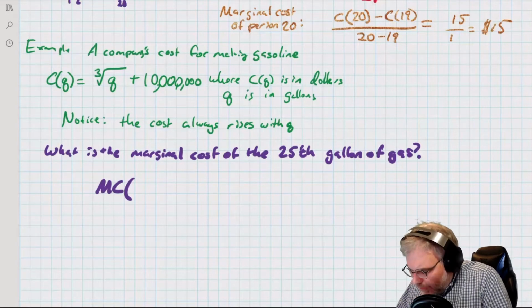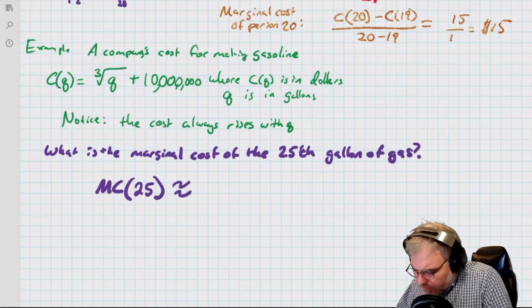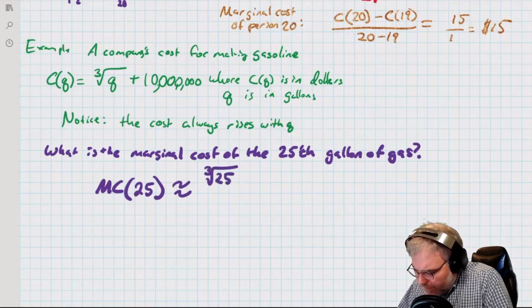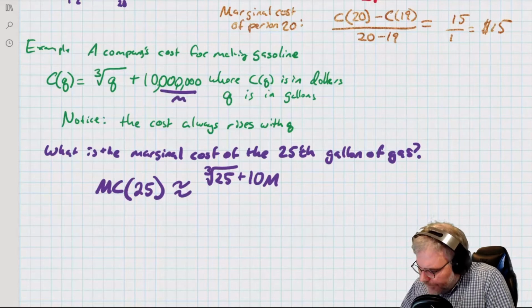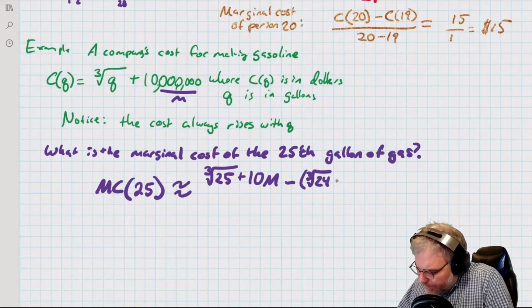let's do it. So the marginal cost of producing the 25th gallon would be the cube root of 25 plus 10 million, right? That's million, minus the cost of producing the 24th gallon, right?